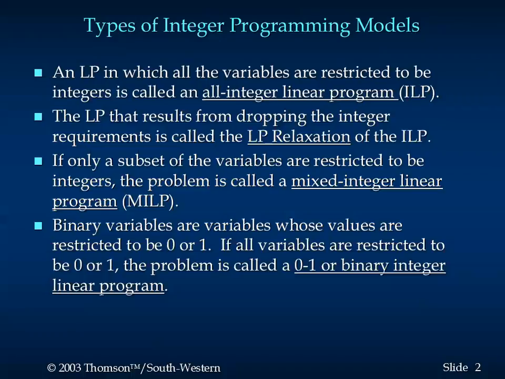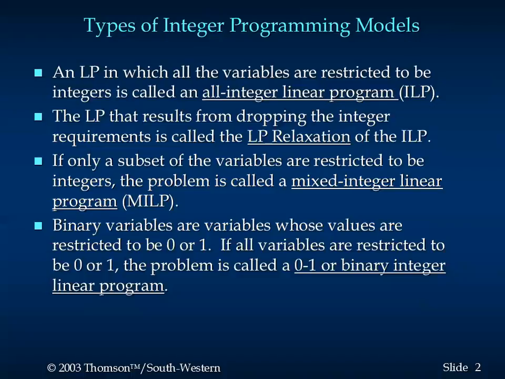In linear programming, all variables are considered continuous, so we'll get a solution like, for example, x equals 2.5. That's not an integer solution, so it isn't a solution to the integer problem, but it's a solution to the LP relaxation.